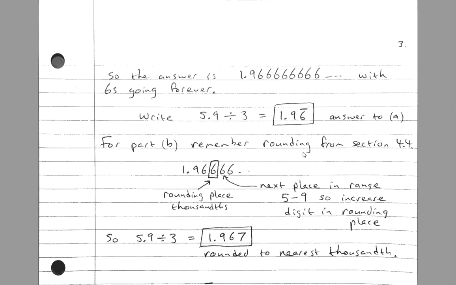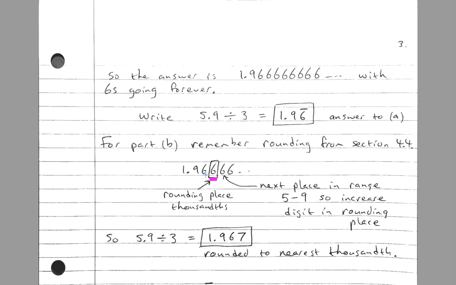For part B, for the rounded answer, remember rounding from section 4.4. For this question, we wanted it rounded to the nearest thousandth. So remember the places just to the right of the decimal point.